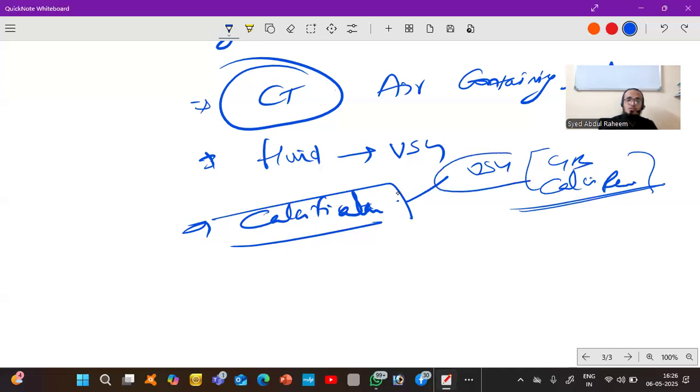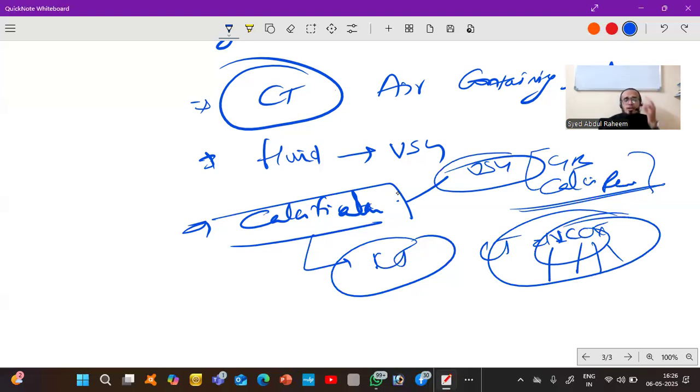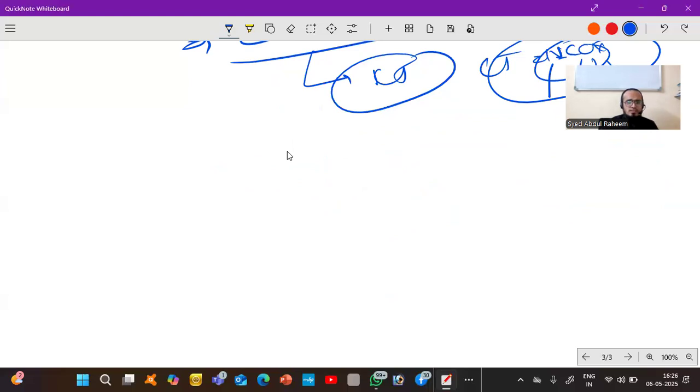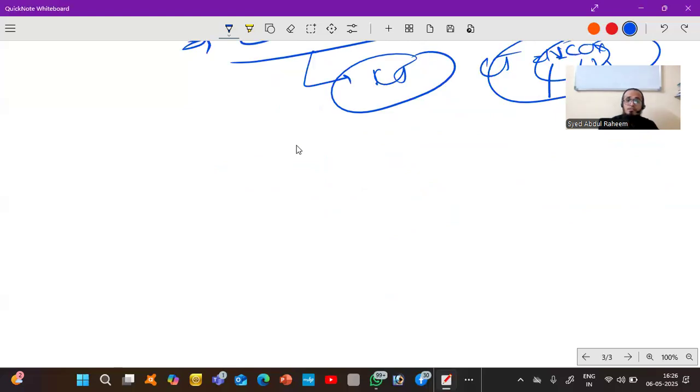All these need ultrasonography because it is within the structure of the organ. If it is outside the parenchyma, we again go to CT. CT is also known as NCCT, non-contrast computed tomography. Yesterday I told you what contrast means. We will come to it in detail. These are the various important tests whenever they are required.